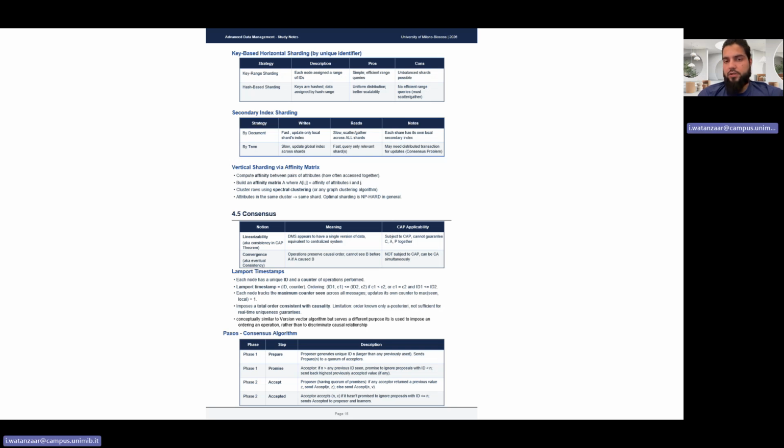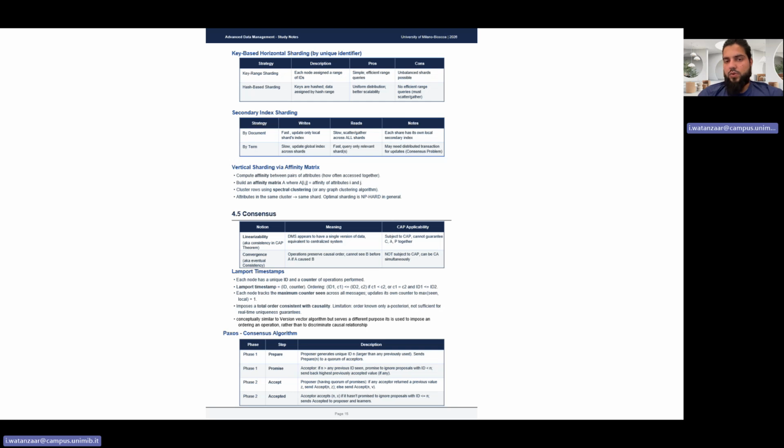But here, in vertical sharding with the affinity matrix, how is this working? We compute affinity between pairs of attributes, how often they are accessed together. Then we build an affinity matrix, matrix A, where A[i][j] equals the affinity of attributes i and j.